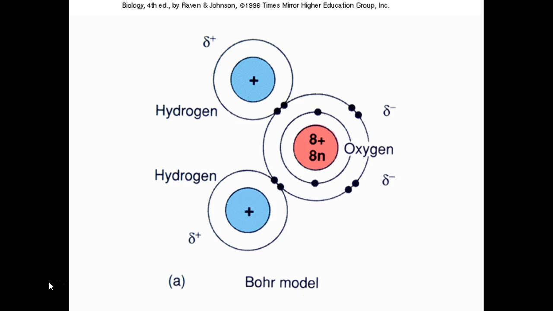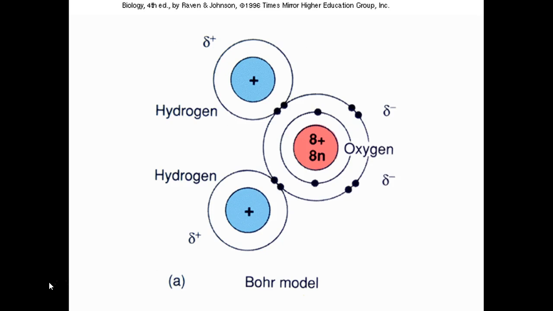But the delta tells us that it's not a full negative, like taking on an electron, or a full positive, like giving up an electron. That delta represents a partial charge. So a partial positive and a partial negative.